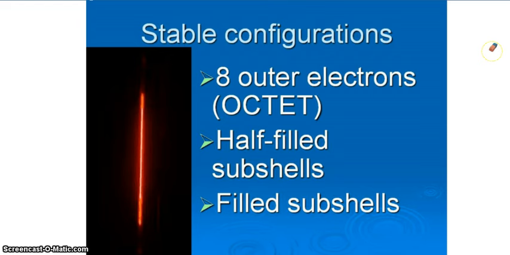Within those different layers of electrons, there are also subgroups of electrons that are grouped together, and those are called subshells. A subshell that is exactly halfway filled or completely filled is also a stable configuration. If a subshell is not exactly halfway or completely filled, that would not be considered stable.